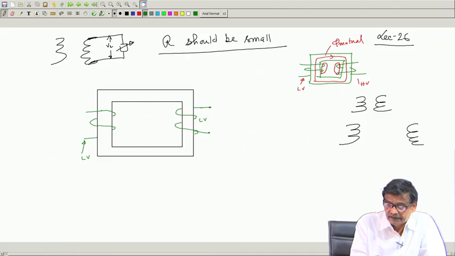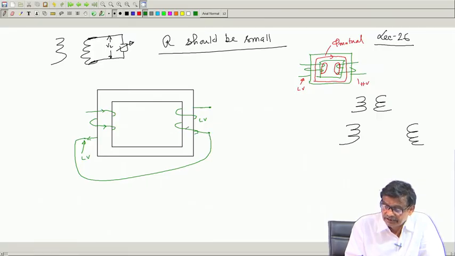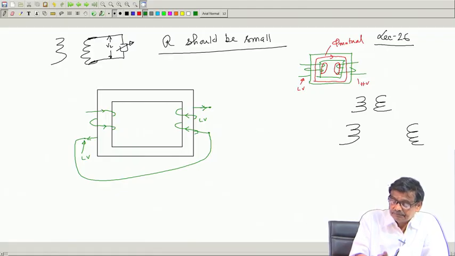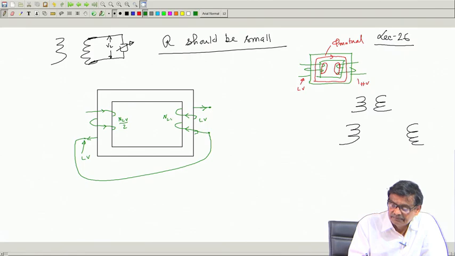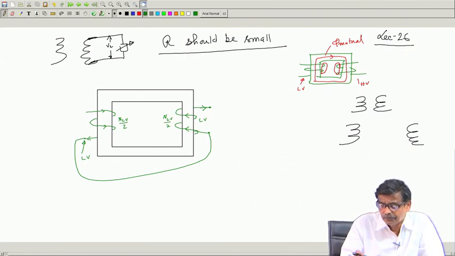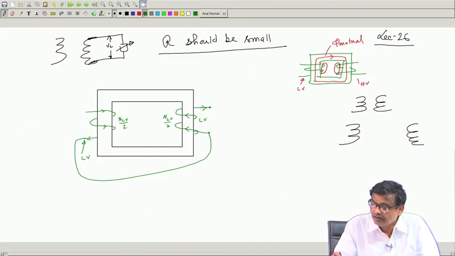So, when you pass current through this, these two coils you connect them in series. Got the point. So, LV number of turns you divide like this, N LV by 2, N LV by 2, and distribute them on both the limbs, instead of trying to put all the turns N LV on the single limb.